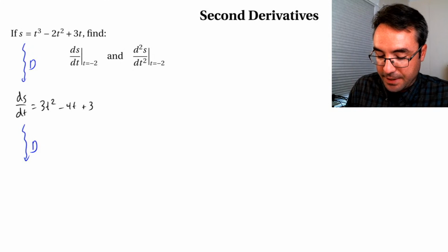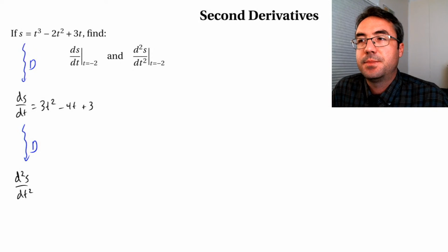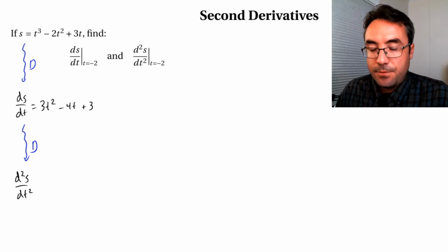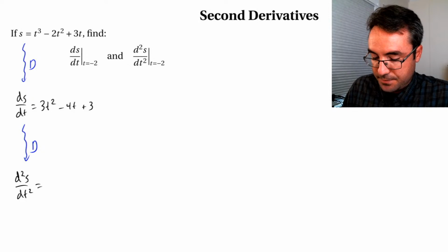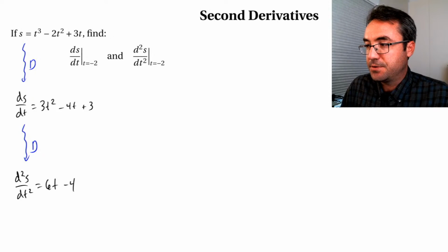So the derivative gives us our second derivative, which we can write with those marks that look like exponents, but they're not quite exponents there. And then we just do the derivative yet again. So the derivative of 3t squared is 6t, and then minus 4.